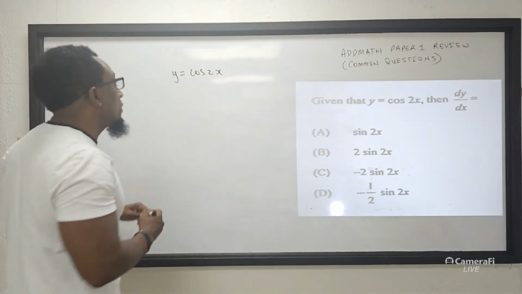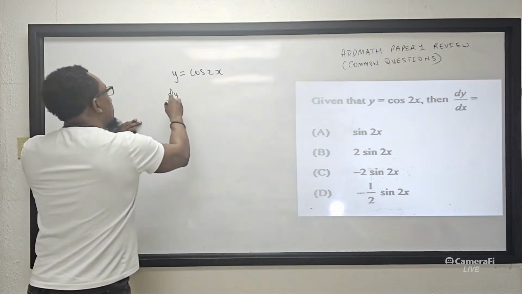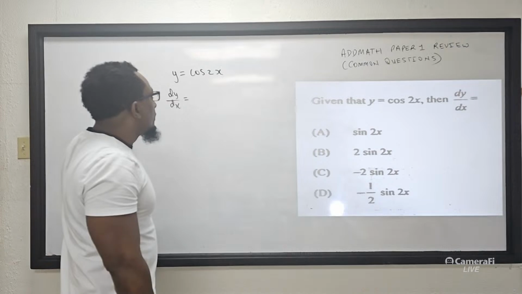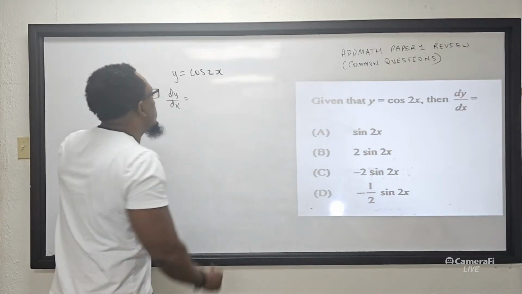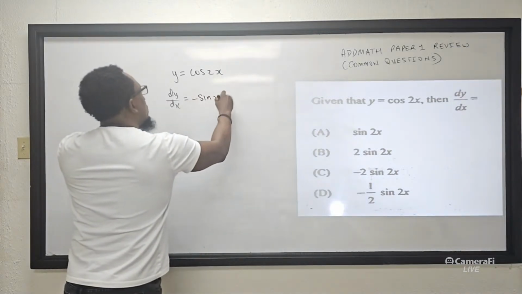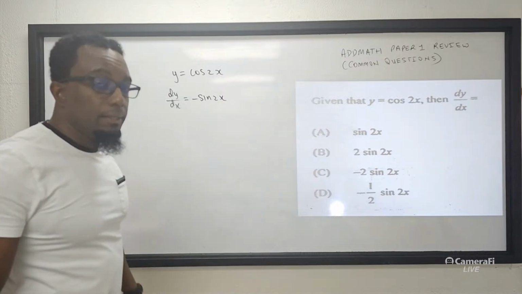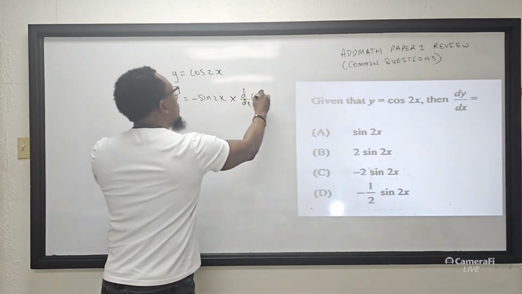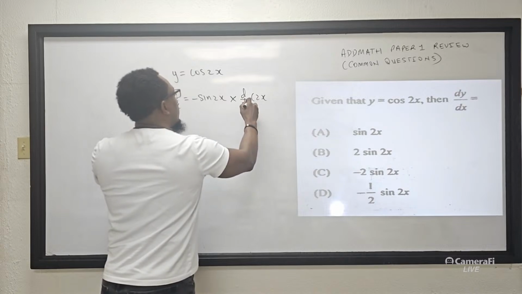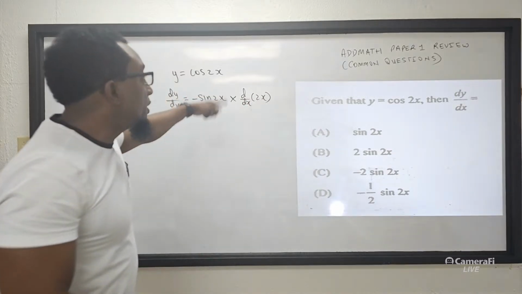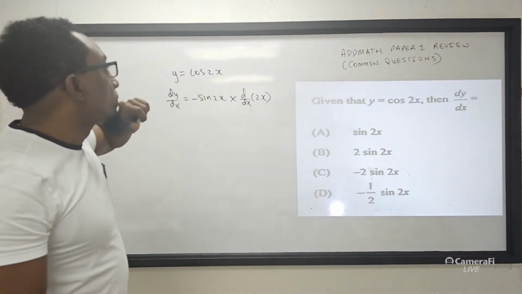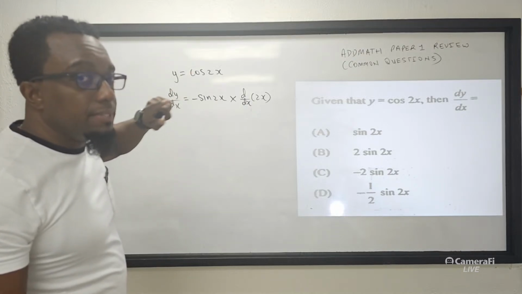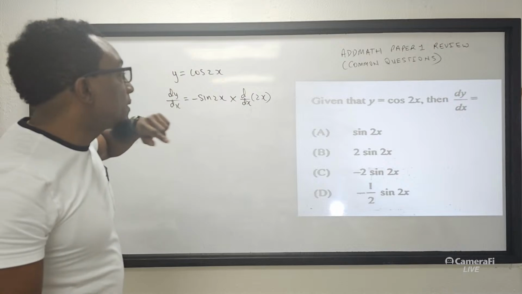So therefore, this will be dy over dx. The differential of cos 2x will be negative sine 2x, negative sine the angle, times, using the chain rule, the differential of the angle. So this is the chain rule we are implementing here. So the differential of cos the angle is negative sine the angle times the differential of the angle.